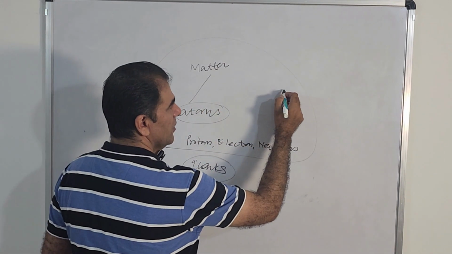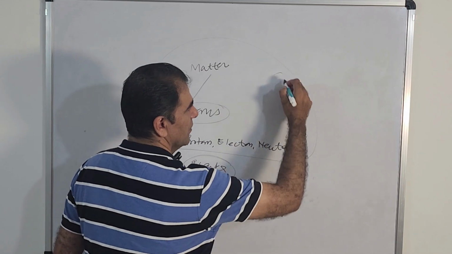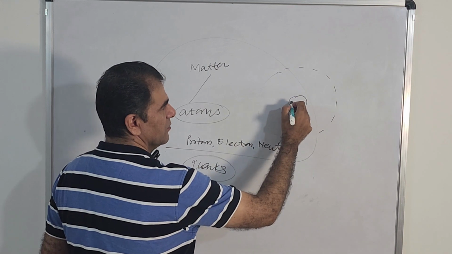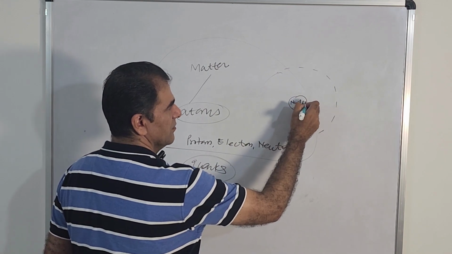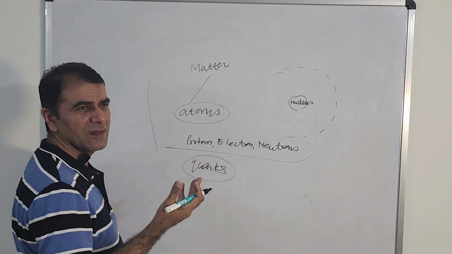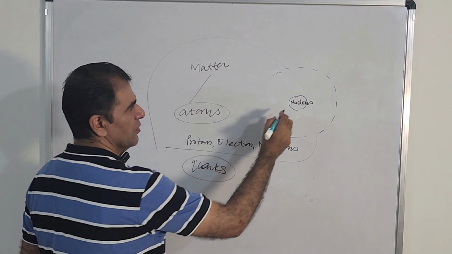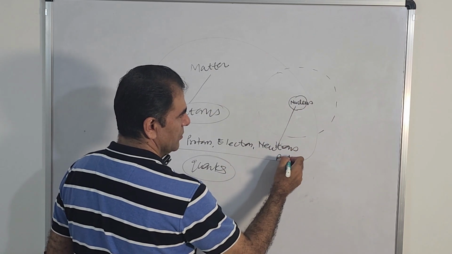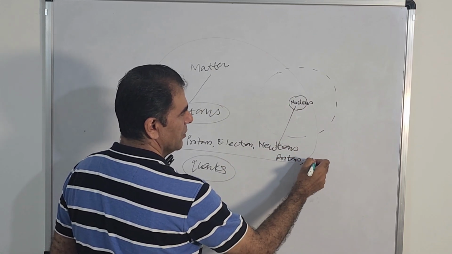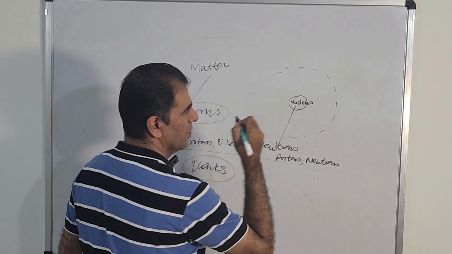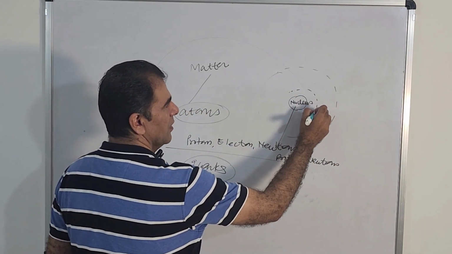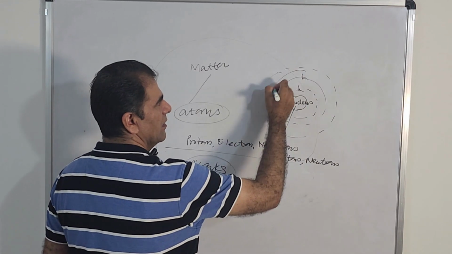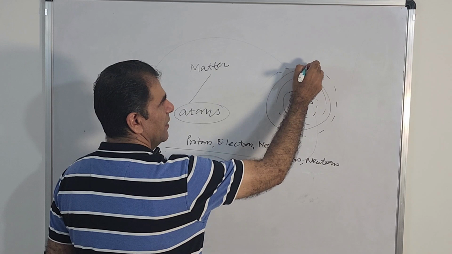So if you see, this is some atom. The central part of the atom is the nucleus. You might be knowing this, it is not a strange thing for you. In this nucleus there are protons and neutrons, and around the nucleus there are shells and subshells.